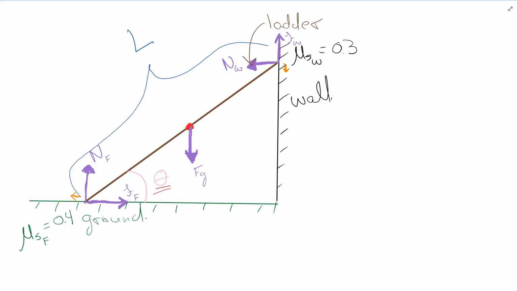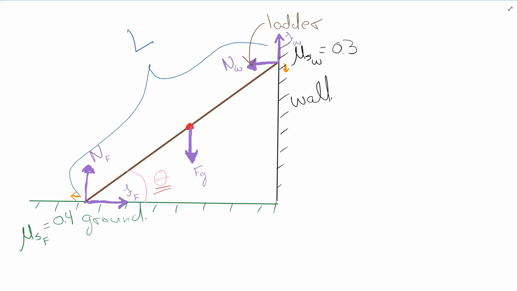We've already established that those force equations aren't really going to give us what we want because there are just too many unknowns. If I couple them with some torque equations, I could do some substitution and figure out all of my unknowns, or at the very least figure out my angle, which is what I want to find. So I'm going to start looking at my torques.